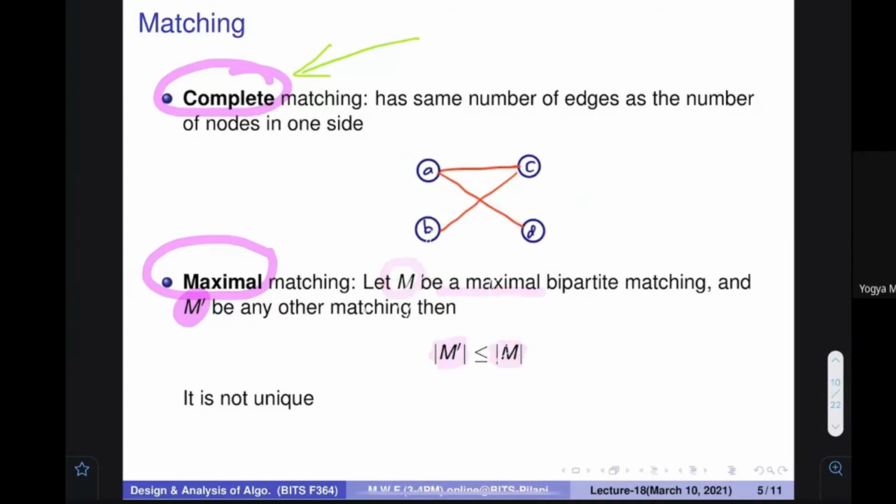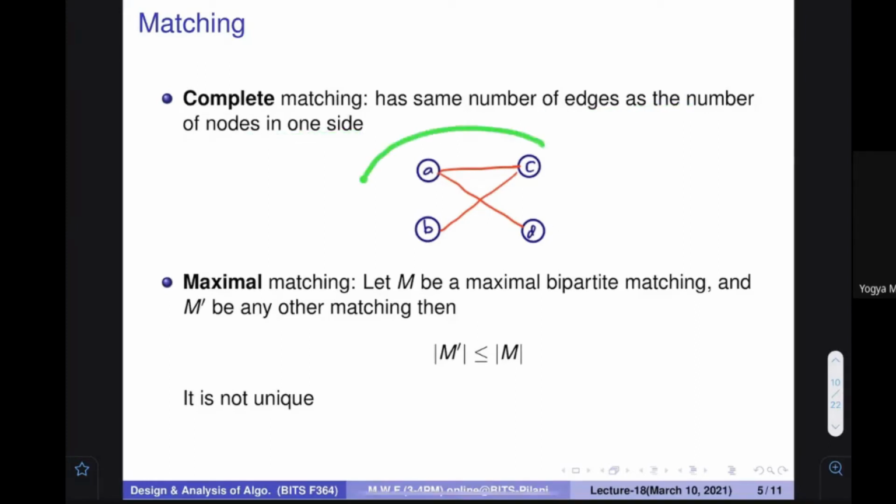I think it is clear to you from this slide. We just wanted to tell you two things. Number one, what the complete matching is: if the number of edges we select in the matching is equal to the number of nodes on one side, then it is a complete matching. The second thing we have understood is that there could be a counter example. The problem could be such that you cannot get the complete matching. Since you cannot get the complete matching, we want to find the maximum matching.